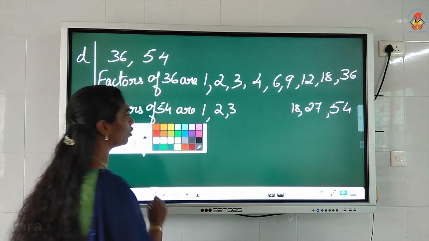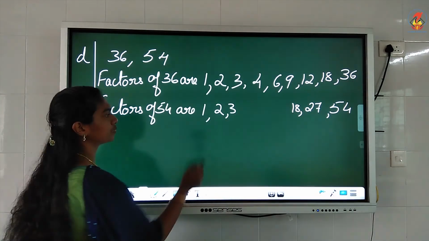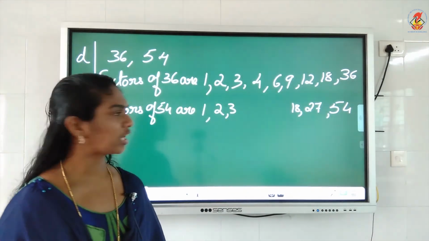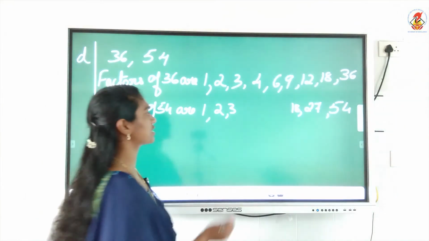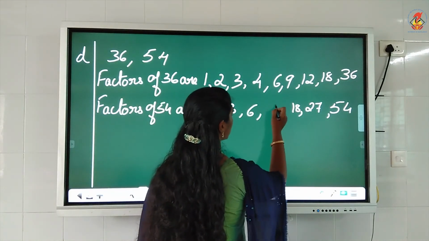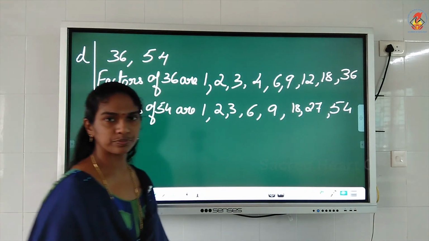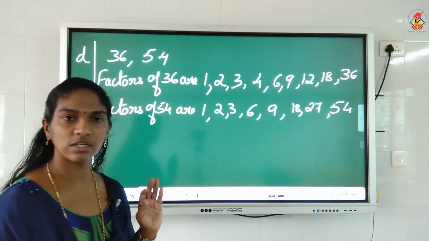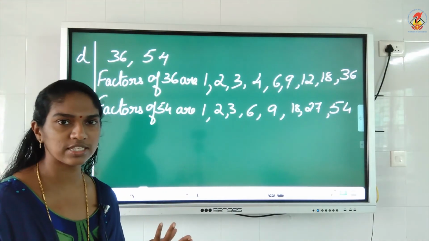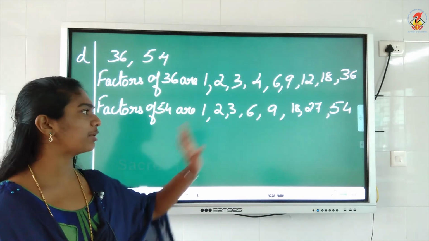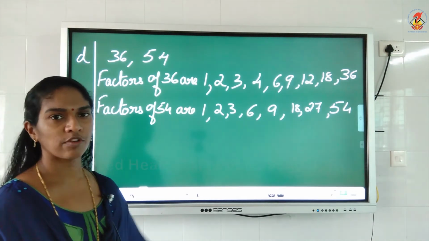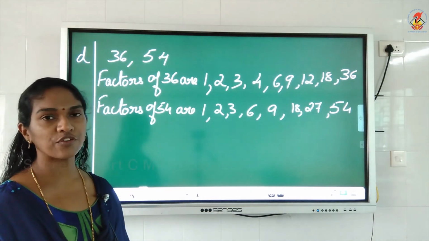So you leave away 4. Coming to 5's table, surely it is not there. Coming to 6's table, yes, 6 9s are 54. Then 7's table, 54 is not there. 8's table also, it is not there. Again coming to 9's table, we have already found out 9 6s are 54.